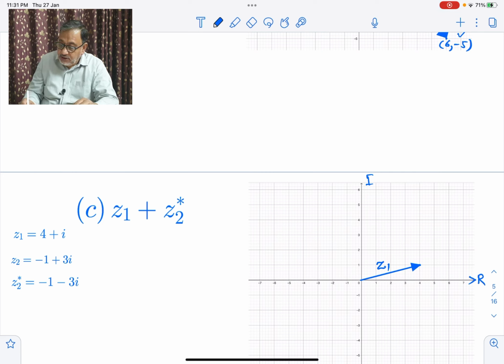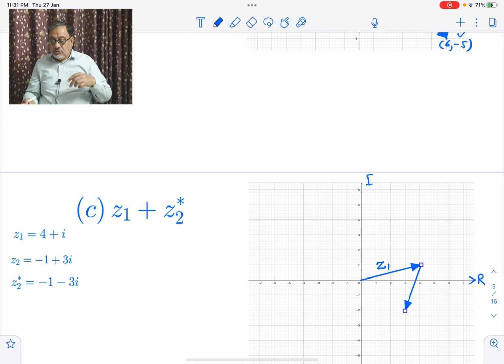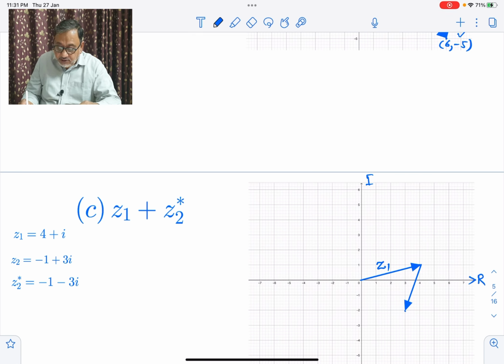Here I am going to come from there. So this will be my z2 conjugate. Why is it not making the arrow? Yeah, this is my z2 conjugate. Let me label it z2 conjugate.